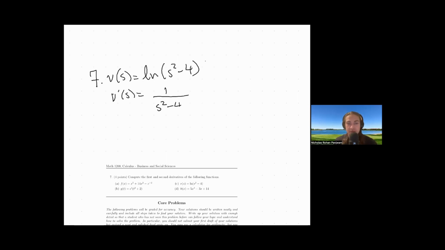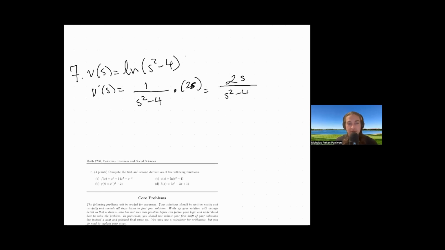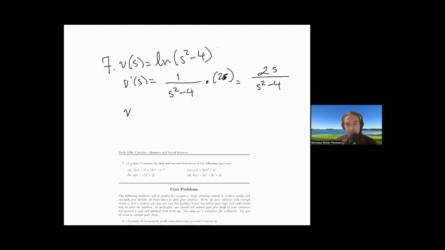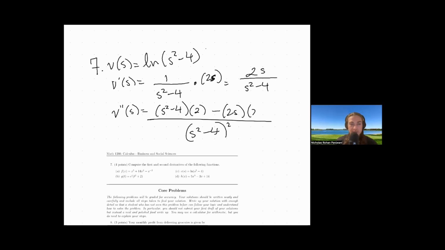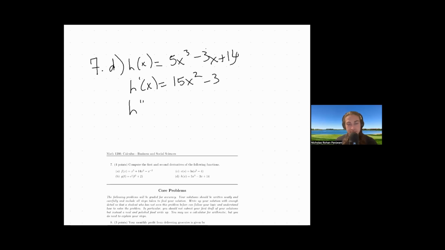It's the derivative of the inside. Okay. And now we have a quotient. Done.